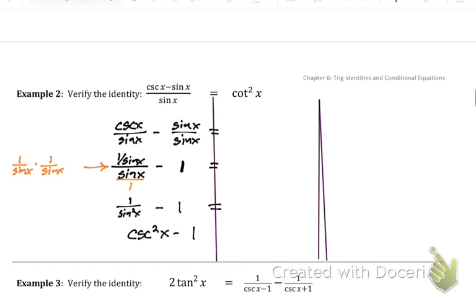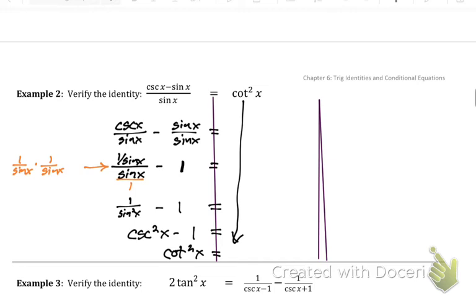And 1 plus cotangent squared equals cosecant squared. So what does cosecant squared minus 1 equal? It equals cotangent squared. So we are done. This just equals cotangent squared x. And once again, if you want to write that out, write it all out.